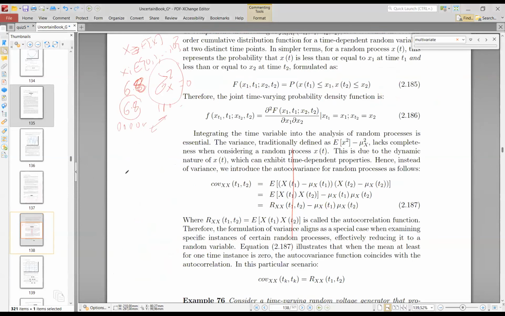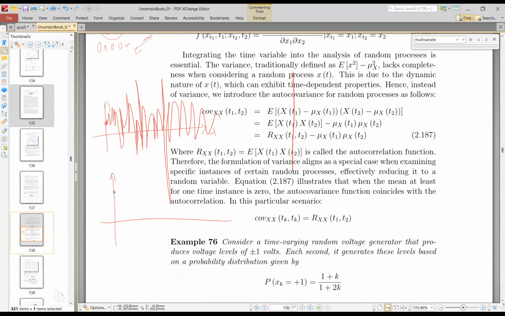Assume that we have such a signal. This is the first signal, which has a lot of changes. And we have another signal. Both of them are random, but this randomness is changing in this way. Let's say this is x and this is y.